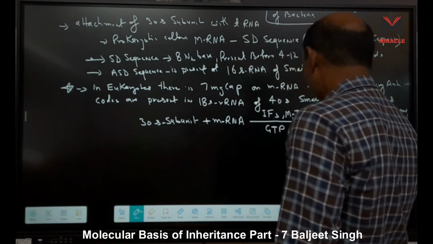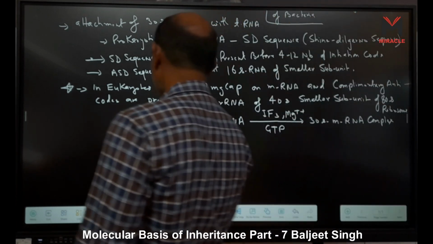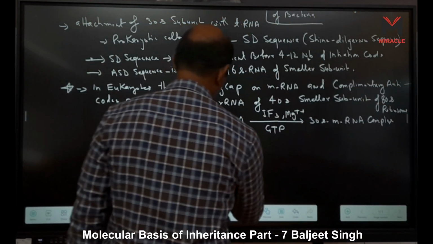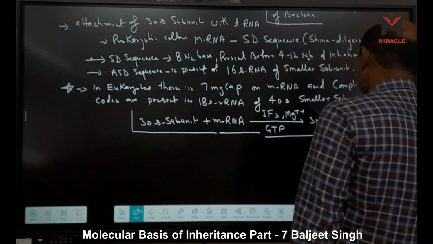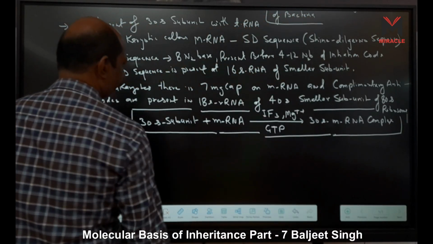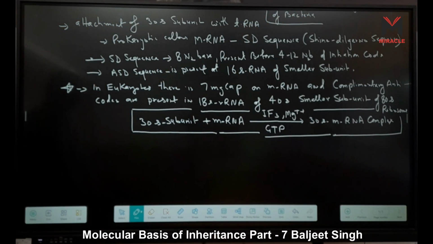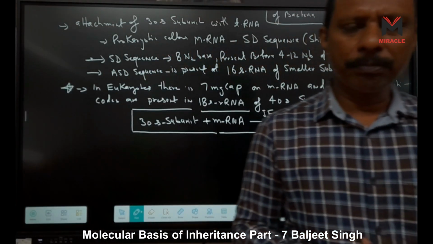It facilitates this process, Mg plus 2, right? You understand? The formation of the cap. Now this one is the small subunit plus messenger RNA.